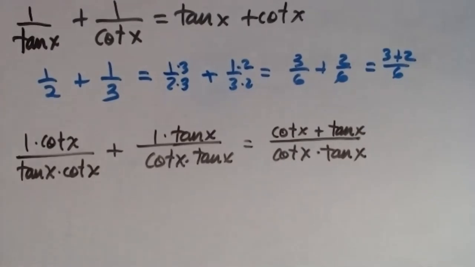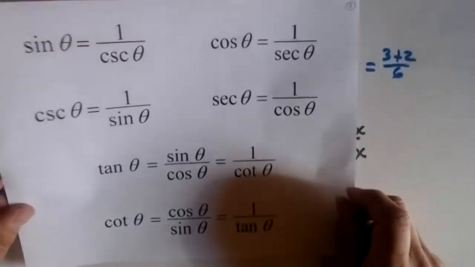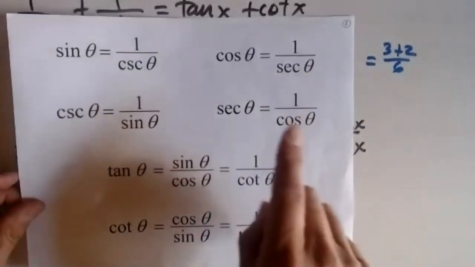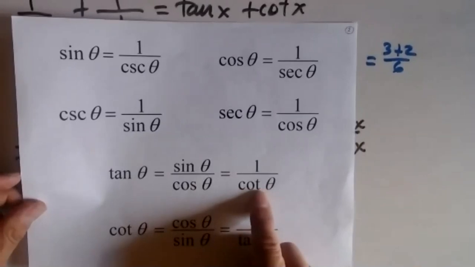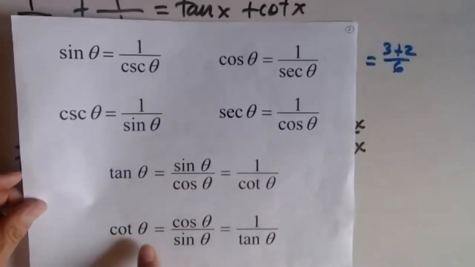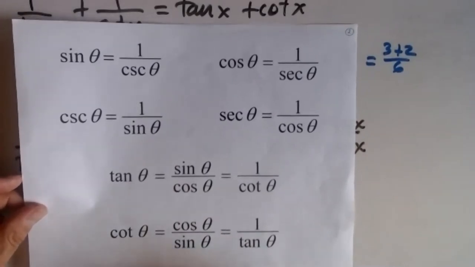It seems that I didn't get too much, but I'm going to check my identities. Remember, these are the definitions. Sine is 1 over cosecant, cosine is 1 over secant. And I see that tangent is the reciprocal of the cotangent, and the cotangent is the reciprocal of the tangent. So if you multiply these two, what do you get? 1, right?